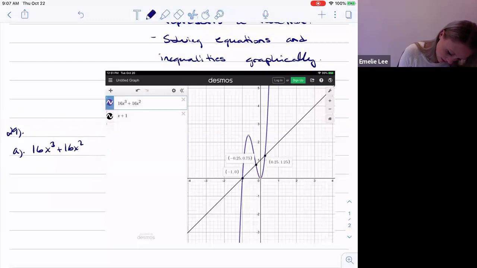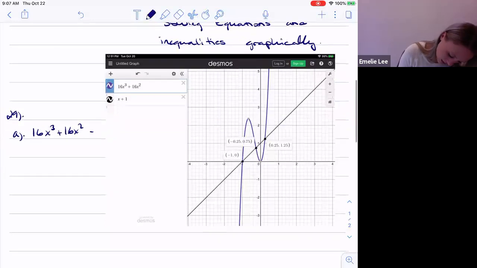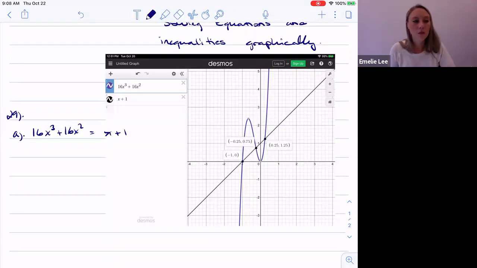Then, where is it equal to x plus 1? Well, it's going to be equal to x plus 1. So here, the purple graph, that's your 16x to the power of 3 plus 16x squared. Okay, so it looks like this.